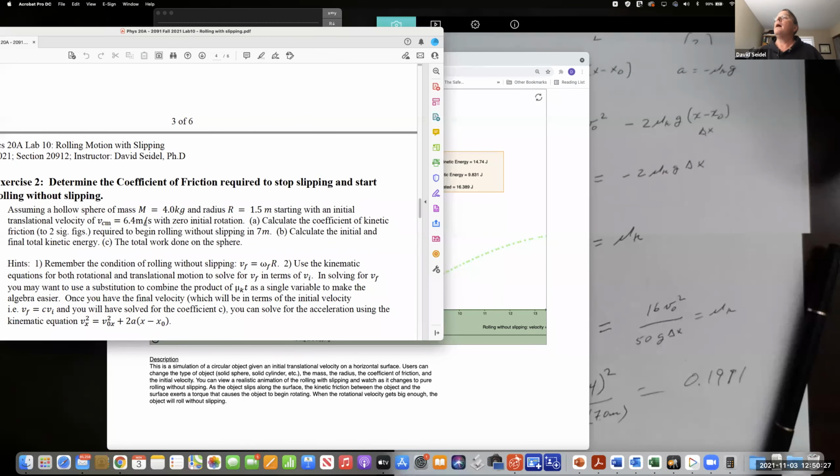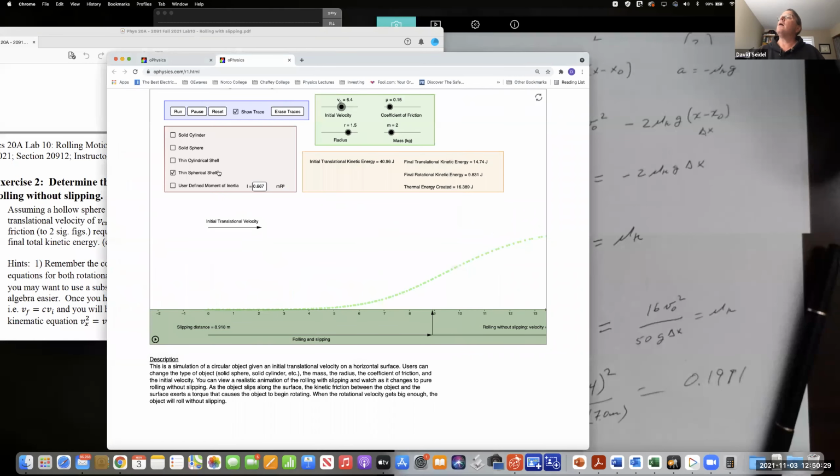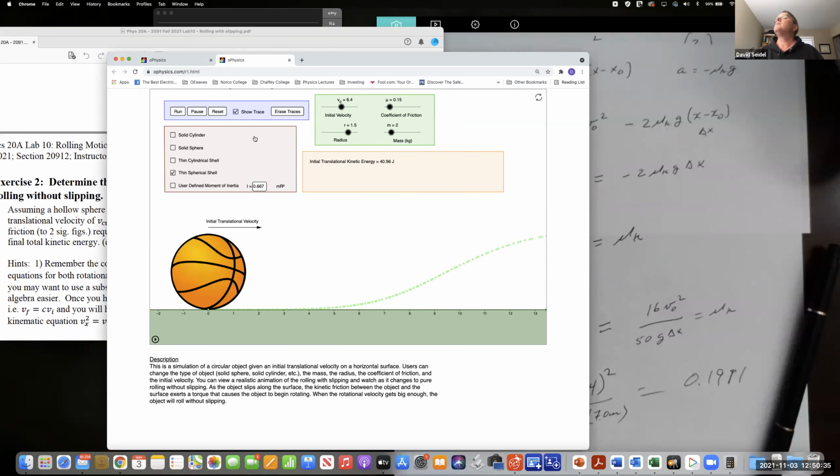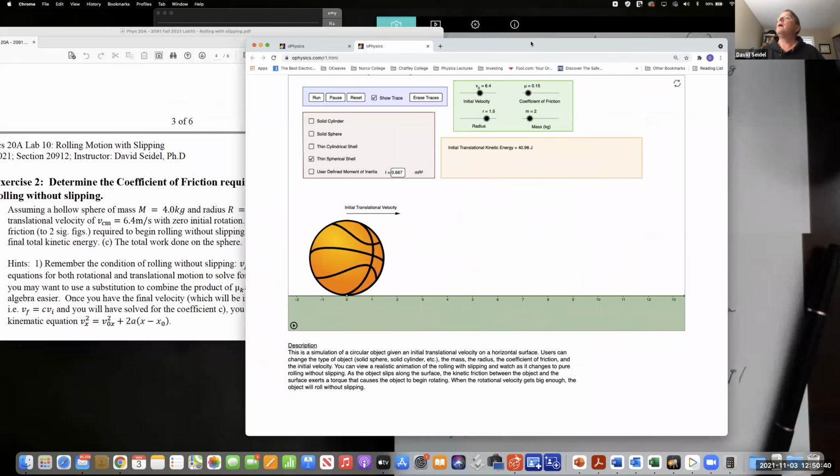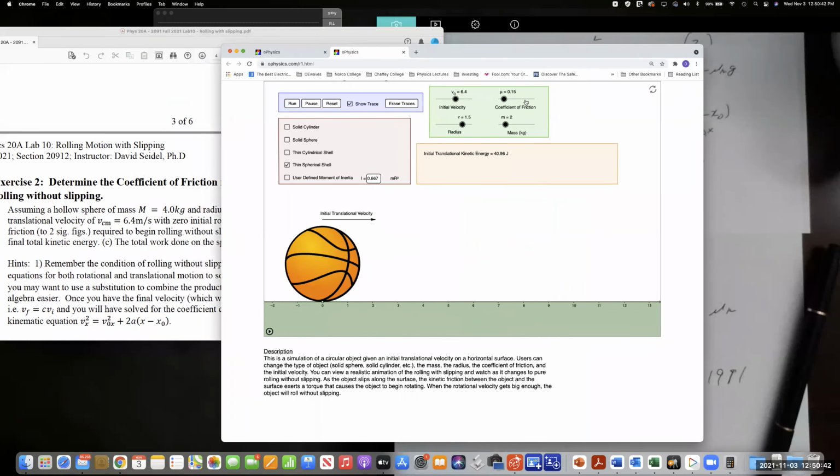I have a hollow sphere. Well, a hollow sphere is the same as a thin spherical shell. What coefficient is required to get it to stop in 7 meters?